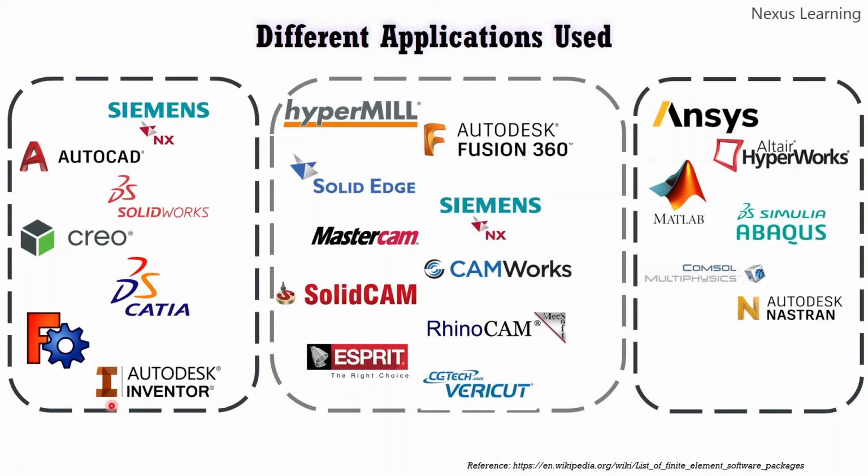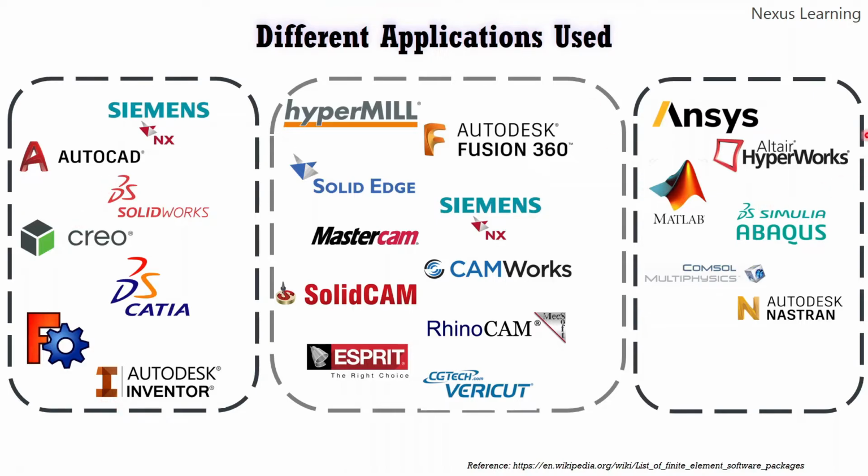Then there are softwares like Hypermill, Fusion 360, SolidEdge, Mastercam, SolidCam, NX CAM, RhinoCam, eSpirit, Vericut. All those are CAM softwares which are used for manufacturing programming, computer-aided programming.